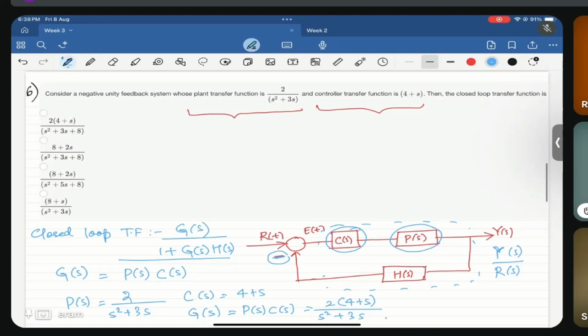Now we have G(s) and H(s). What is H(s)? 1. Yes, here we are given unity negative feedback. Negative we have already considered, and feedback is unity, meaning H is equal to 1. Now calculate the closed loop transfer function: G by 1 plus G into H.